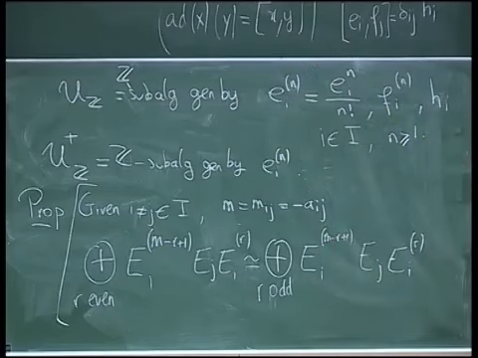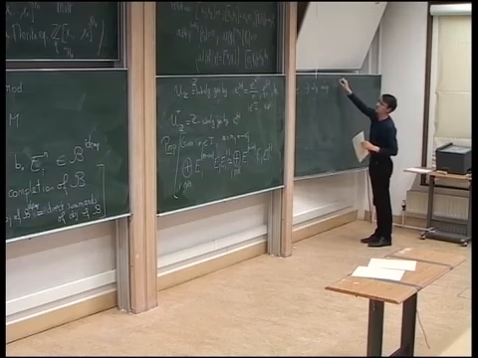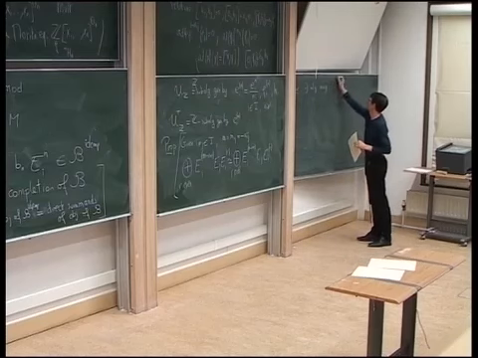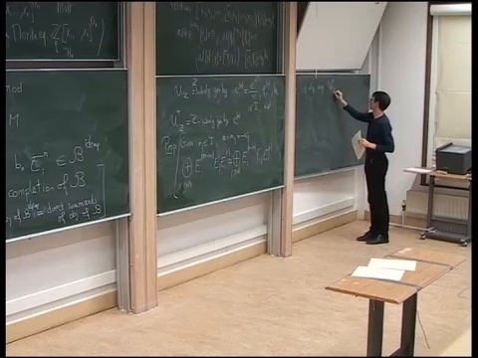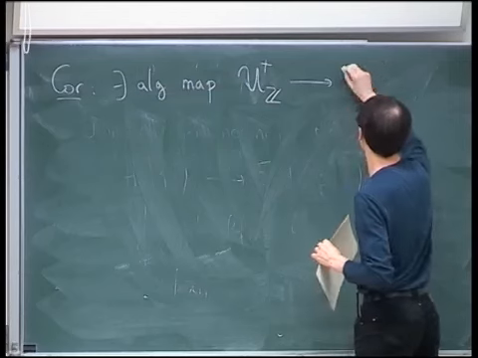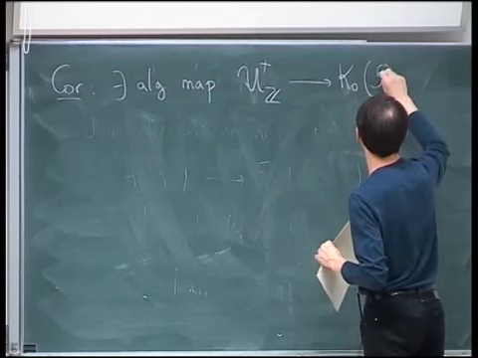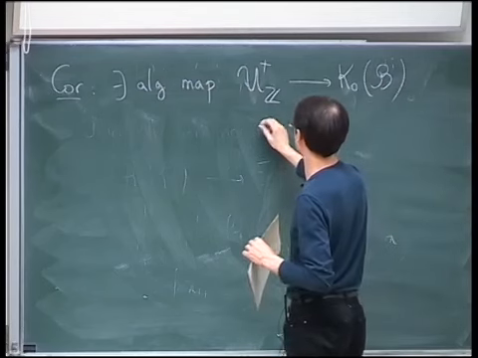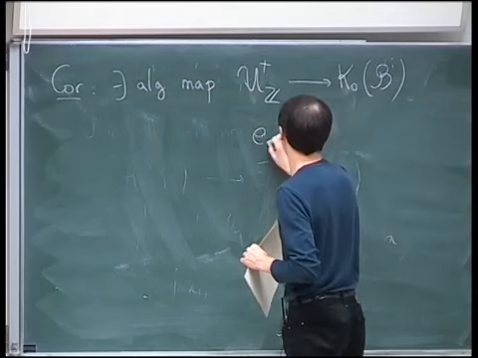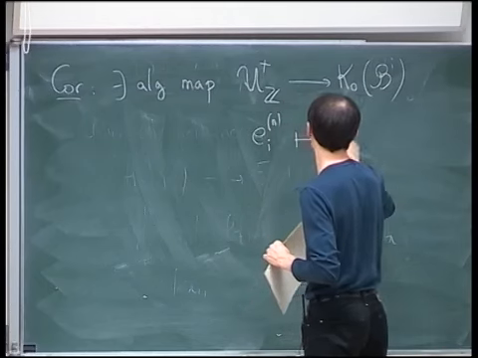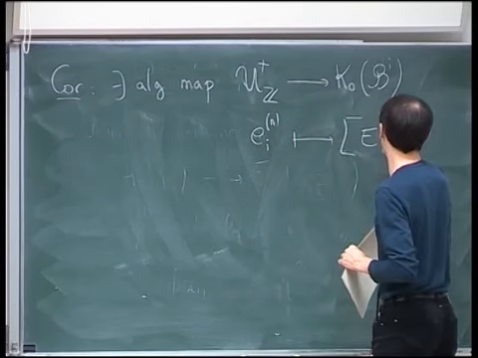So in other terms, what this says is that there exists an algebra morphism from this U plus Z to the Grothendieck group of this category B, which sends E_i^(n) to the class of E_i^(n).